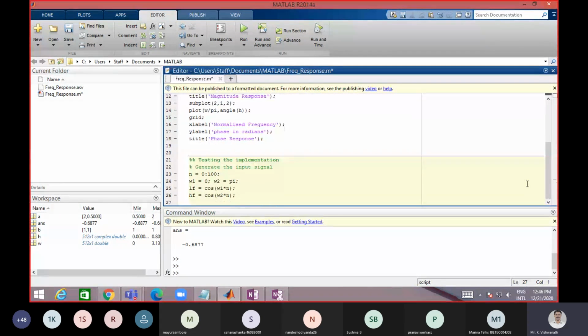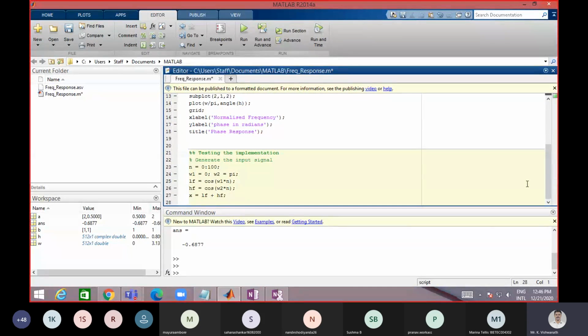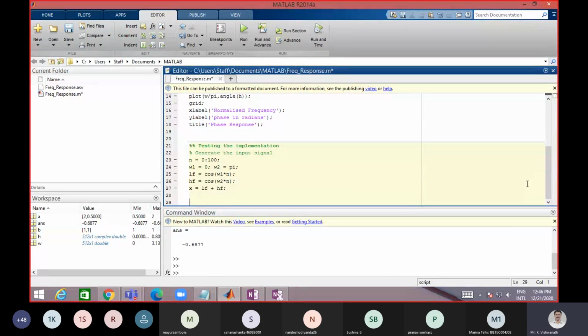Then we will add up these two and make it low frequency component plus high frequency component, so that when we separate this, it is easy for us to plot it. Okay, so now we will get the output.